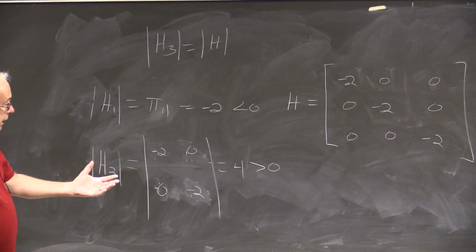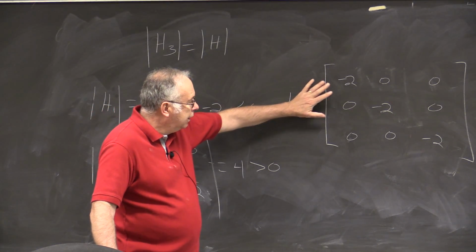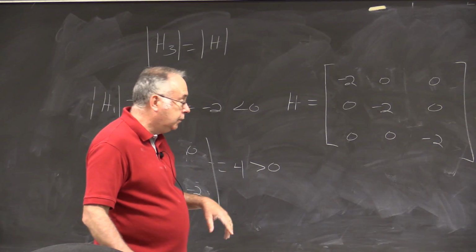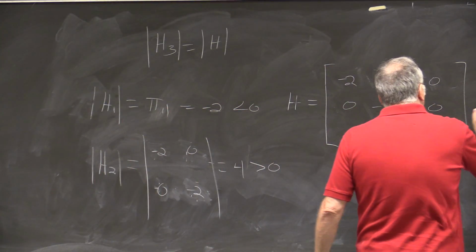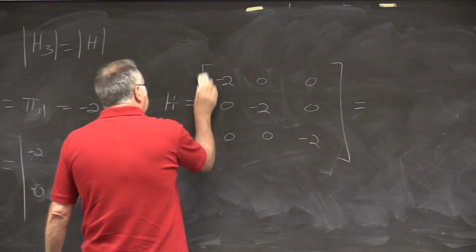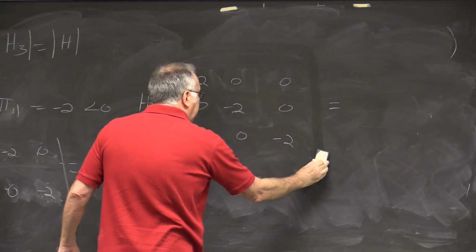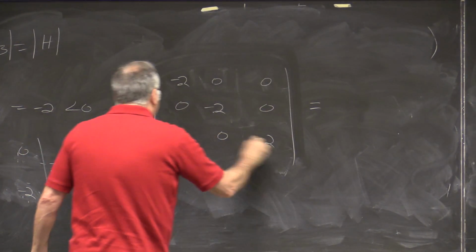What is the determinant of the full thing? Well, let's just expand across the first row. And we're doing the determinant of this. So let me change these to be vertical lines. Then this will be the determinant.